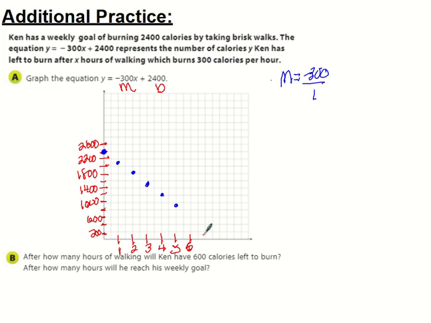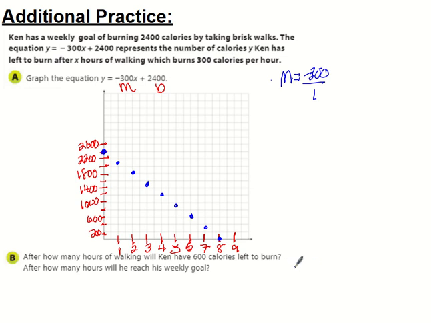Oh, that's a horrible 6. 7, 8, 9. All right, let's keep going. 1, 2, 3, 6. 1, 2, 3, 7, and then 1, 2, 3. Oh, look at that, perfectly 8. There we go. There's our graph.